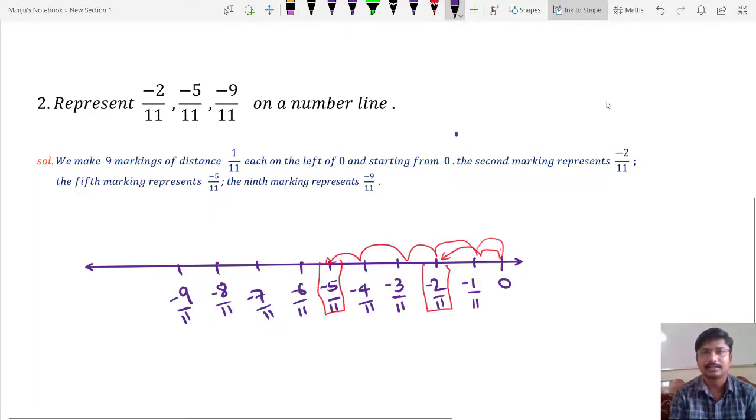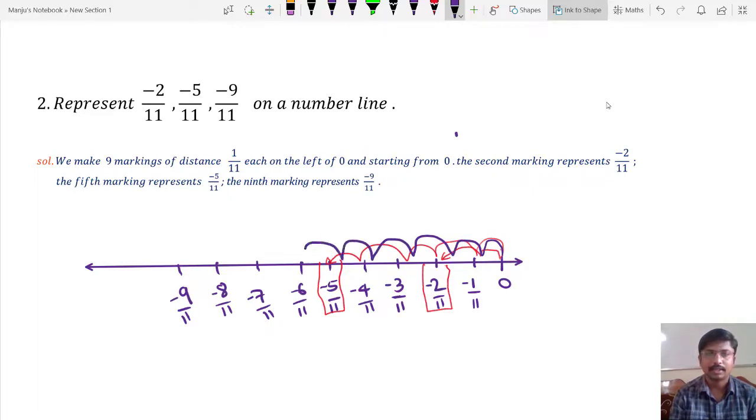Like that, for the ninth marking, see here, 1, 2, 3, 4, 5, 6, 7, 8, 9. Ninth marking represents minus 9 by 11.